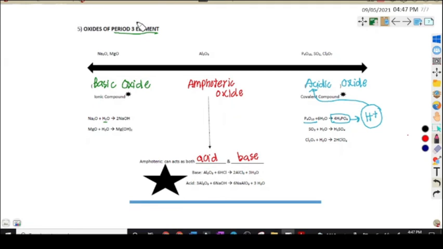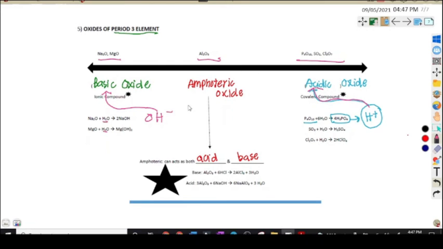In short, to determine the oxide of a period 3 element, you have to write the equation for the metal, the amphoteric, and the non-metal reacting with water first. Then figure out whether OH minus or H plus is produced. If OH minus is produced, then the metals sodium and magnesium form basic oxides. For the non-metals, hydrogen ions are released in the product, so they form acidic oxides.